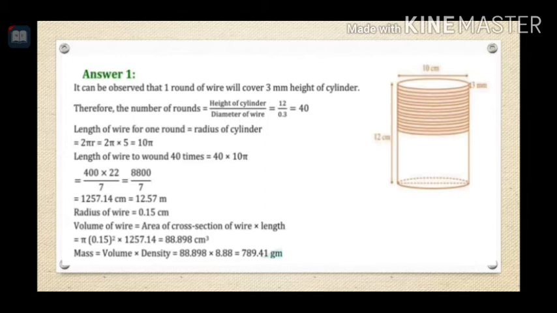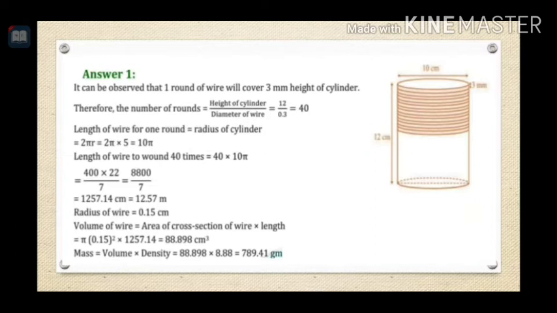Now for each round, the length of the wire is equal to the circumference of the base circle. Look here, this is the circumference of the base circle. Whenever you are covering this curved surface with wire, the length for each round is equal to the circumference of the base circle.